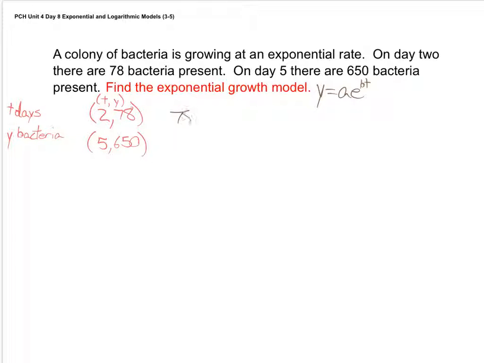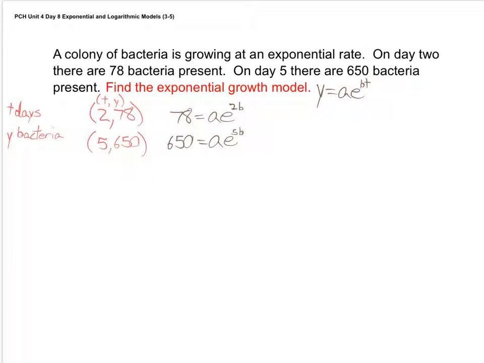So here we have 78 equals a times e to the 2b power, and then we also have 650 equals a times e to the 5b power. Oops, I first wrote 2t and 5t, but it's 2b and 5b, so let's replace those with b's like they should be. Now let's solve this system.